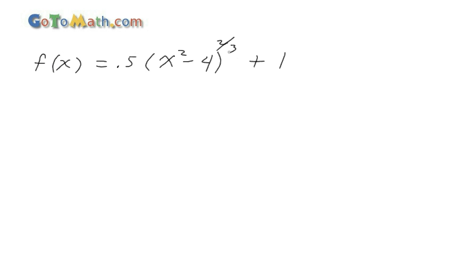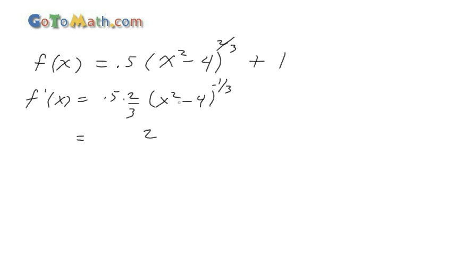Alright, so I went ahead and wrote this out. We wrote it in exponential form. Now we'll want to take the derivative. So we got f prime of x is equal to 2.5 times 2/3 x squared minus 4, and subtracting 1 you get negative 1/3, and then the derivative of 1 is 0. Okay, so now we're going to rewrite this with positive exponents.